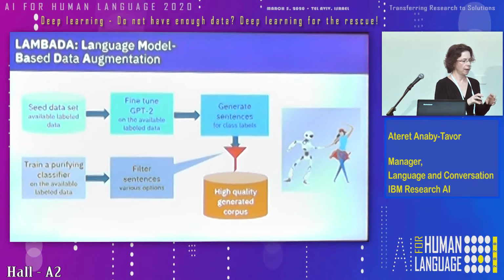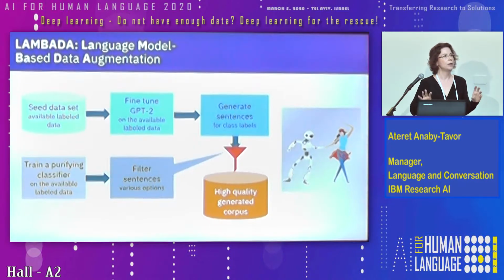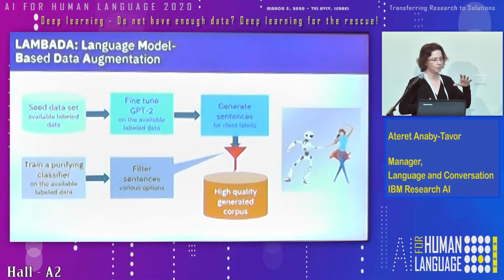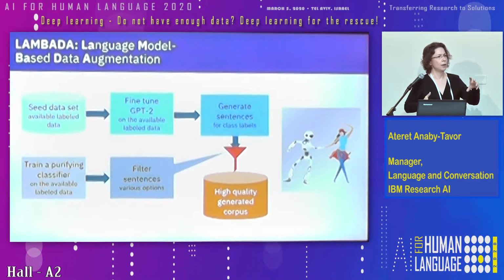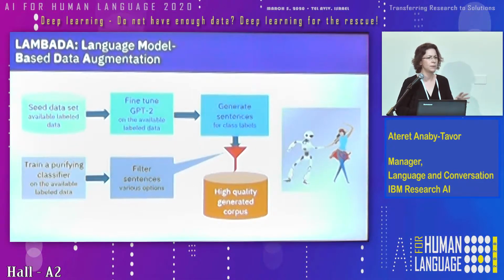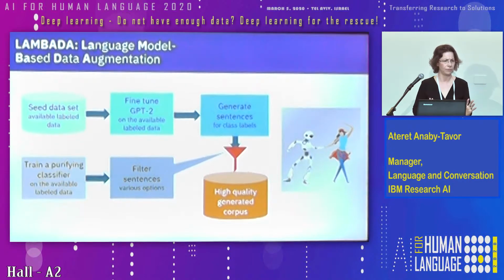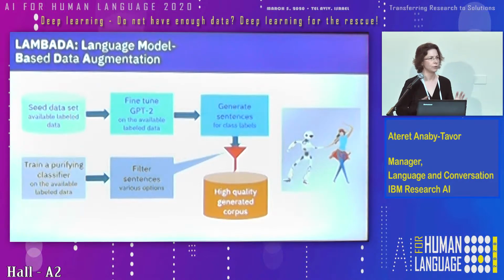We took a very small seed data set. What we asked the users is to give us a scarce data classifier that has a small number of samples for each intent. Imagine five samples, five sentences for each intent.